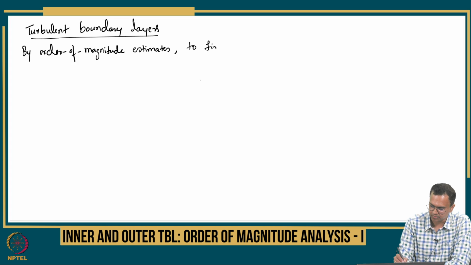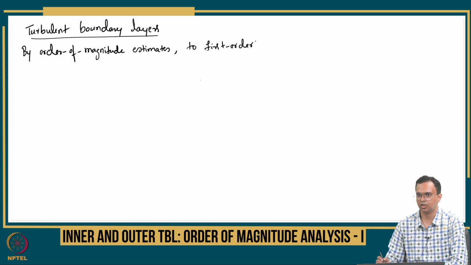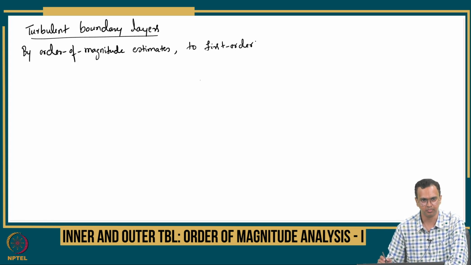The other terms are not negligible, it's just that they are of second, third order importance. We are only looking, to first order, at which terms are balancing on the left and right hand side.